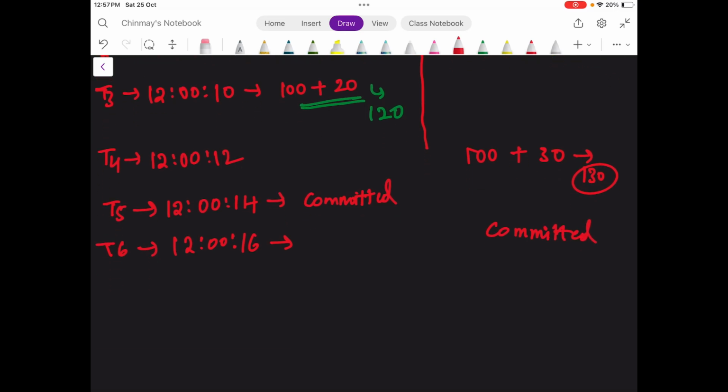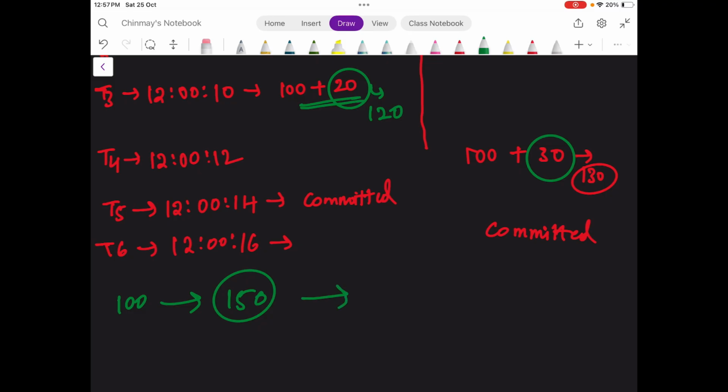Now what should the account balance be? The husband deposits 20 rupees and the wife deposits 30 rupees. The initial balance is 100, so the actual balance is 150, but here it shows only 130. This is called the loss of data.